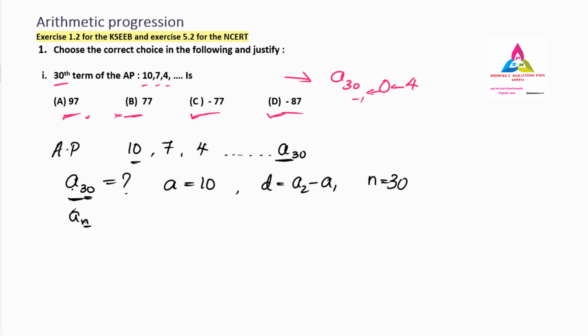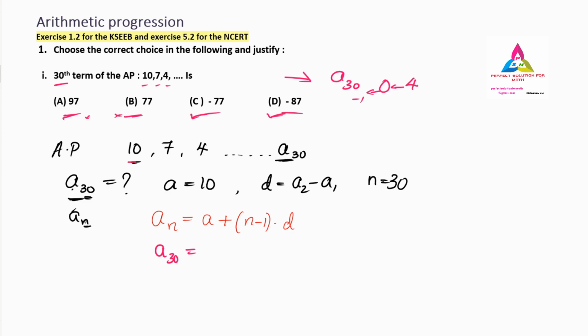Okay. Now we will write the formula. The formula is an equals a plus n minus 1 into d. Already you know that formula. So an, which term do you have to find? The 30th term. A value is how much?